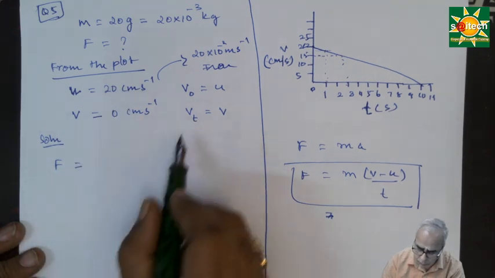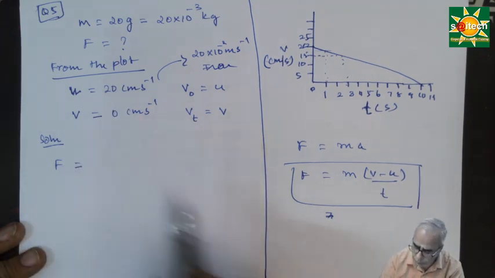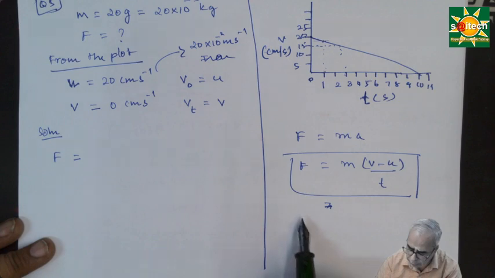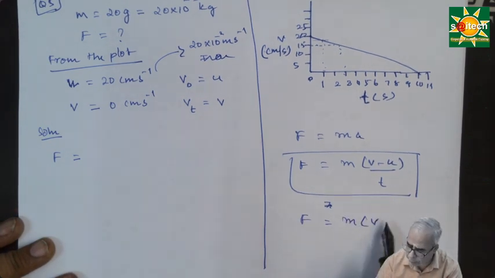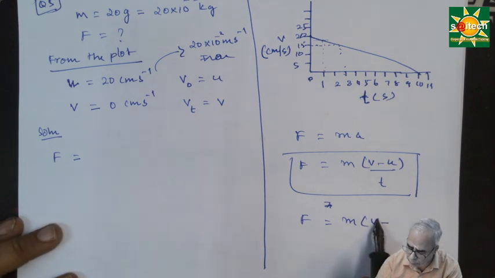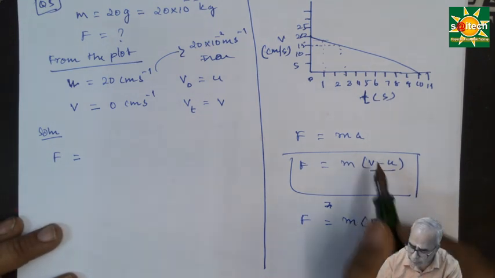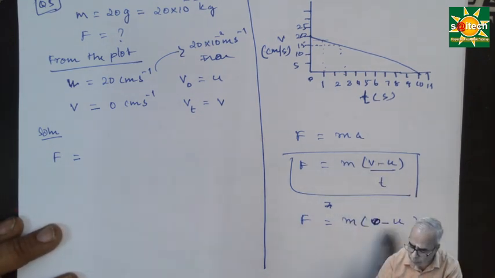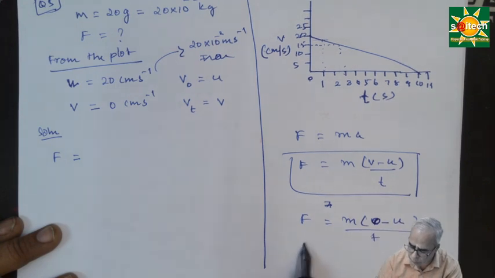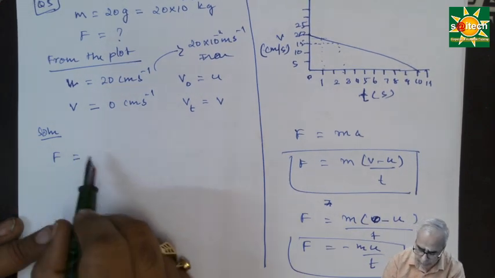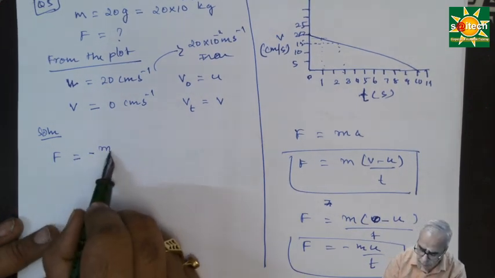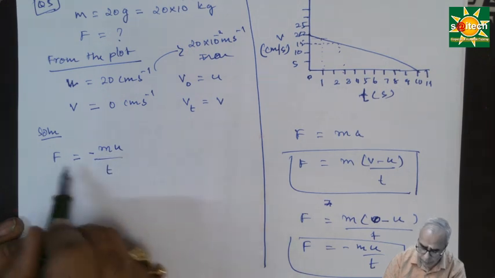Now F is equal to m into v minus u by t. Because v is 0, F is equal to minus mu divided by t, so we can make use of this formula directly.